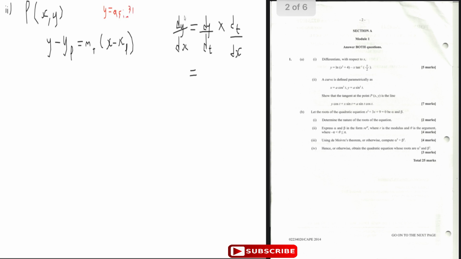So to find out what is going to be dy by dt, it's going to be differentiate this, carry down the power to get 3a, subtract 1 from the power to get sine square t multiplied by the derivative of sine t, which is cosine t. So that's dy by dt. Then it's going to be divided by dx by dt. Now remember what it said was x. So it said x was equal to a cos cube t.